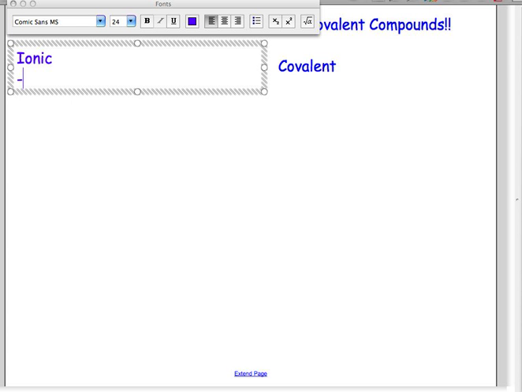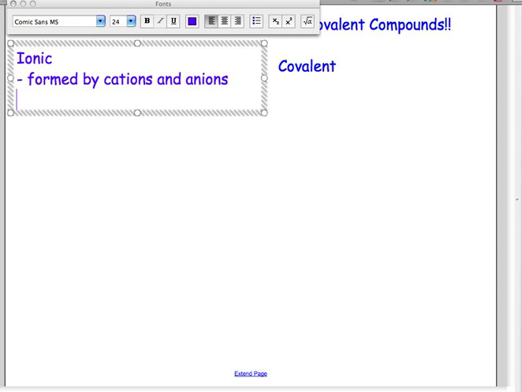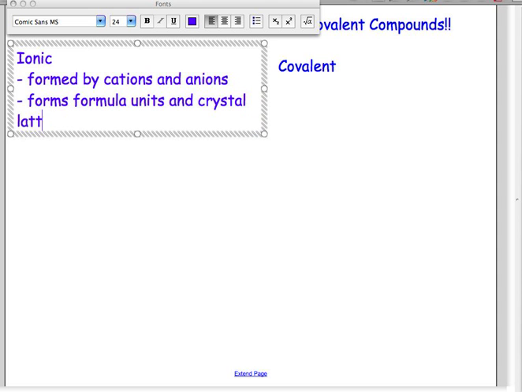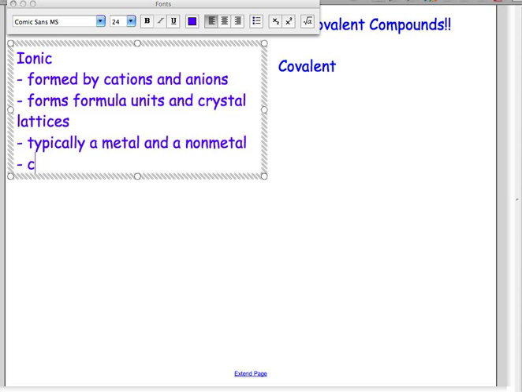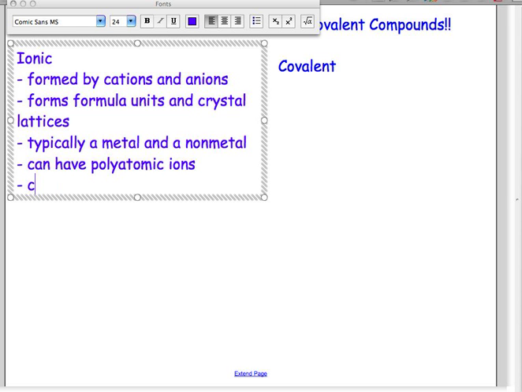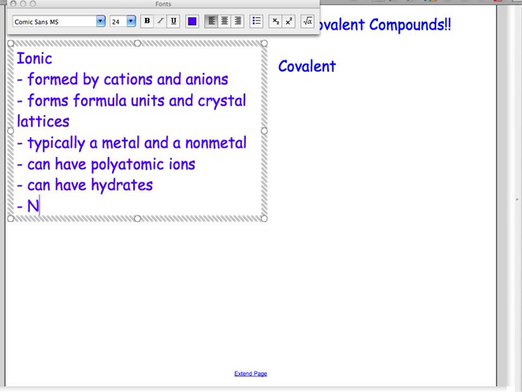Alright, so things we know about Ionic: formed by cations and anions, forms formula units and crystal lattices, typically a metal and a non-metal, can have polyatomic ions, can have hydrates, no prefixes.